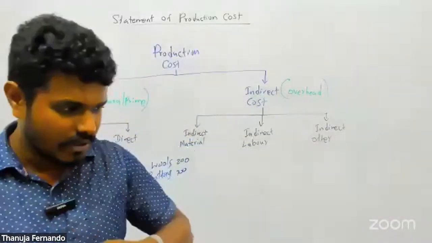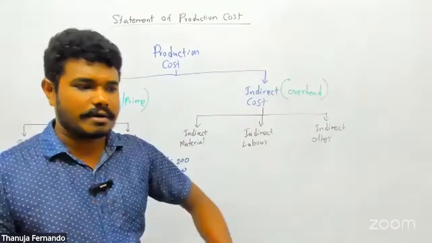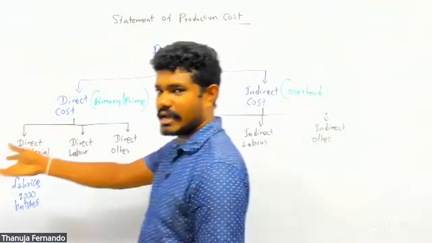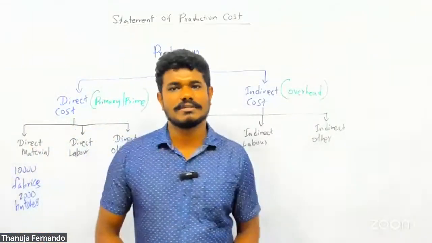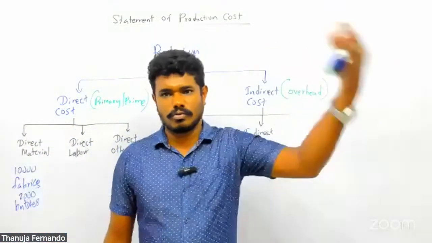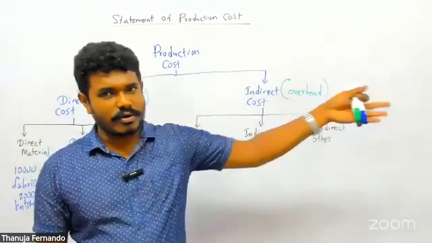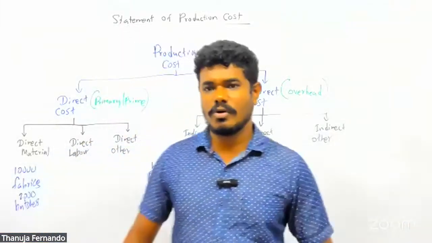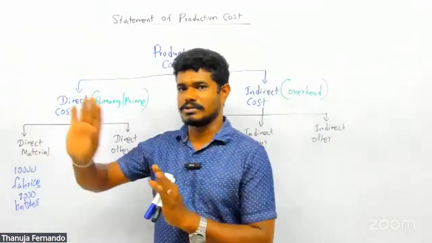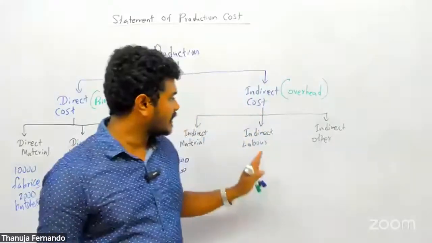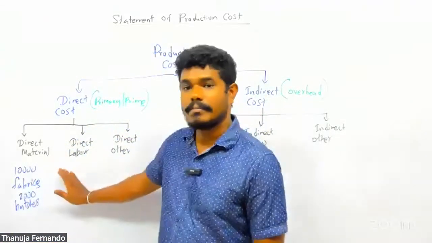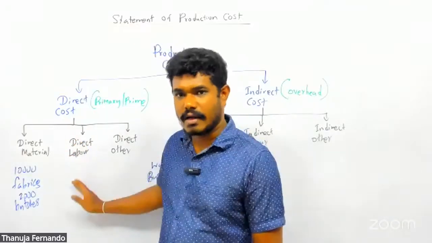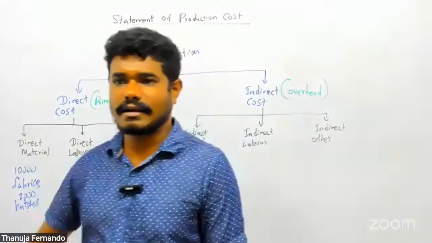Supervisors are only taking care of the production line. They are checking the production line. Managers also do the same. Accountants do the calculations. Security is for security, drivers for transportation, not for production. So all the other employees go to indirect labor. Only the producers come under direct labor. Their salary, their charges are the direct labor, right?